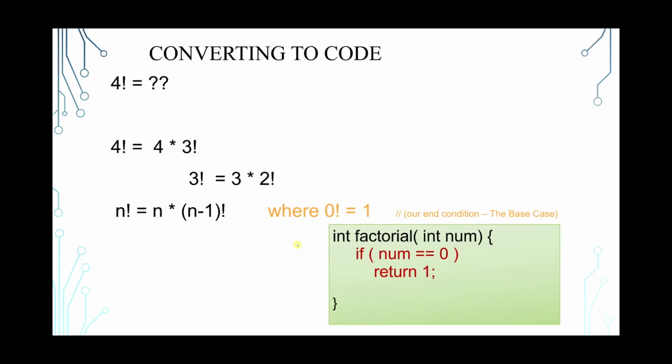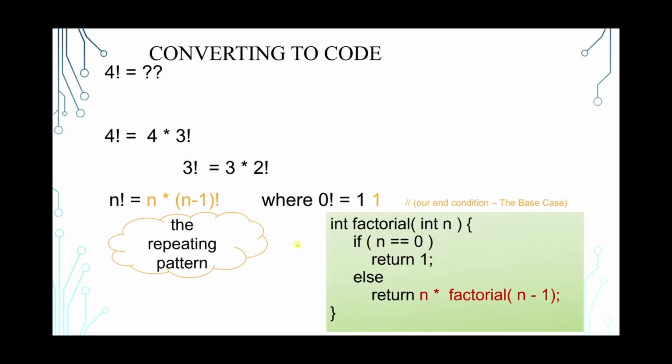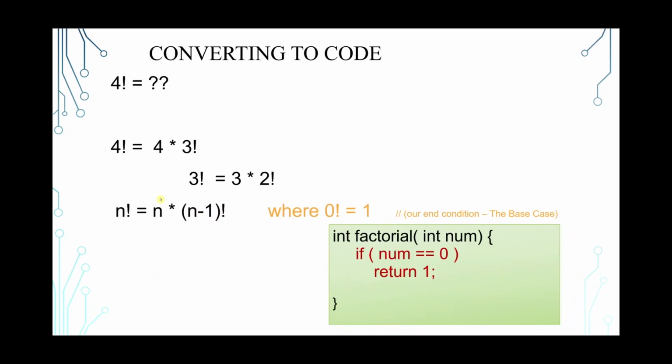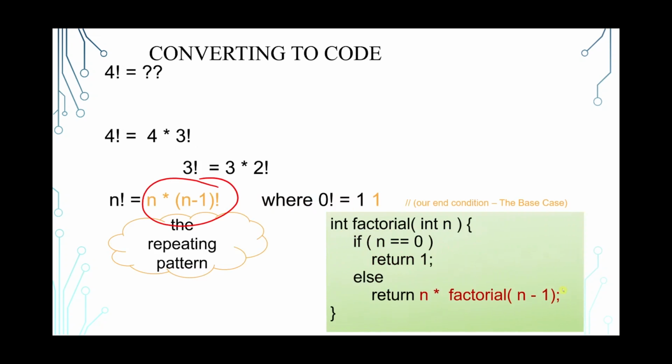The stopping condition is: if num equals 0, return 1. Otherwise, return n times factorial of n minus 1.